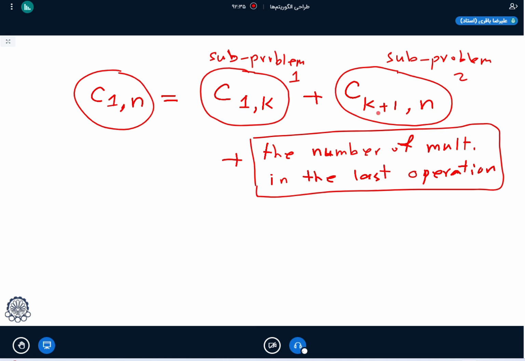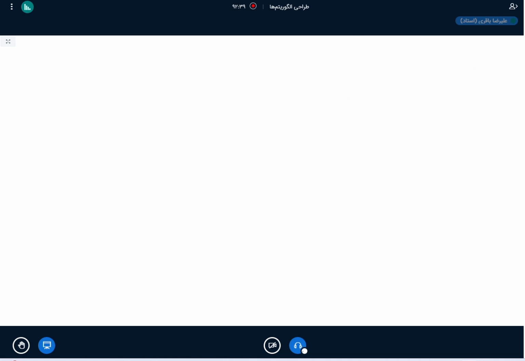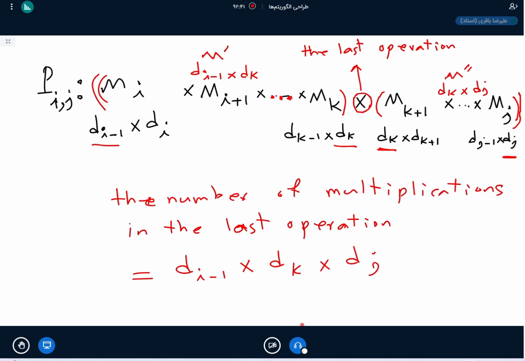So we can rewrite the formula in problem Pij. We are going to multiply Mi to Mj. We can denote the number of multiplications by Cij.